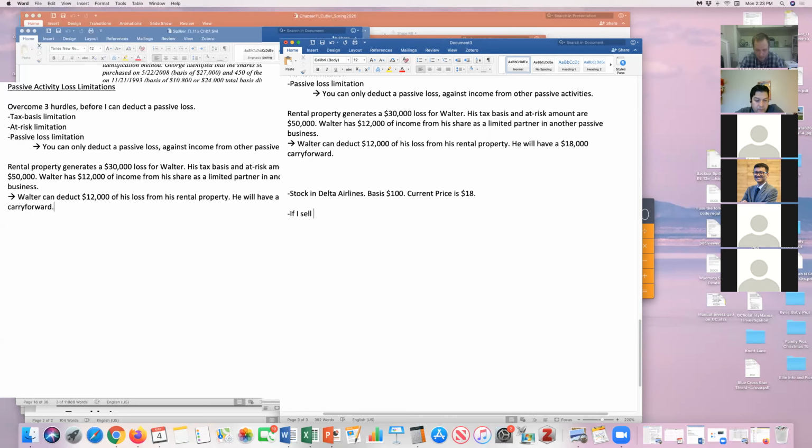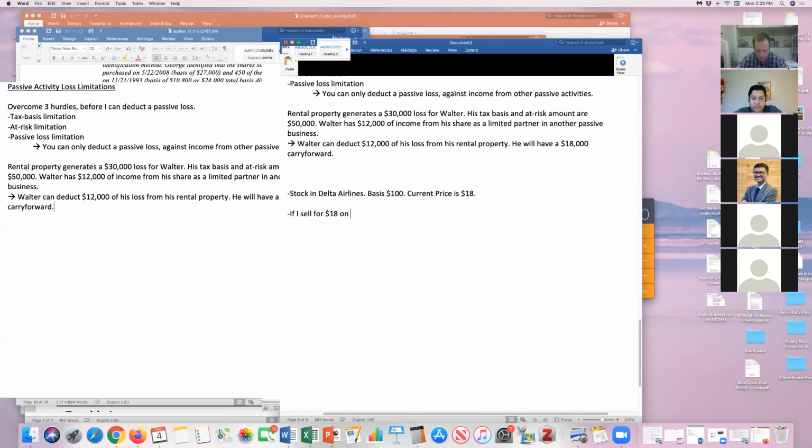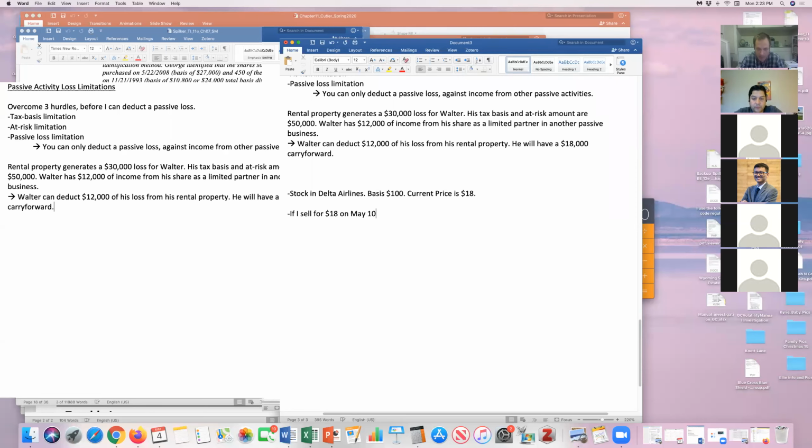If I sell for $18 on May 10th, and I buy one share on May 30th for $18, then I sell my share and have an $18 amount realized.